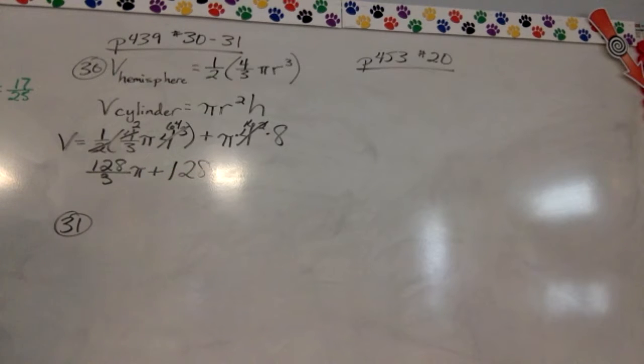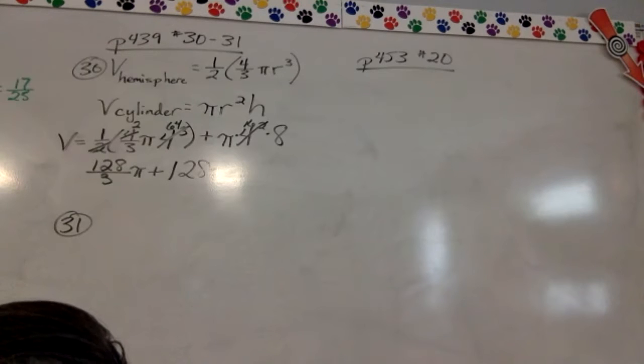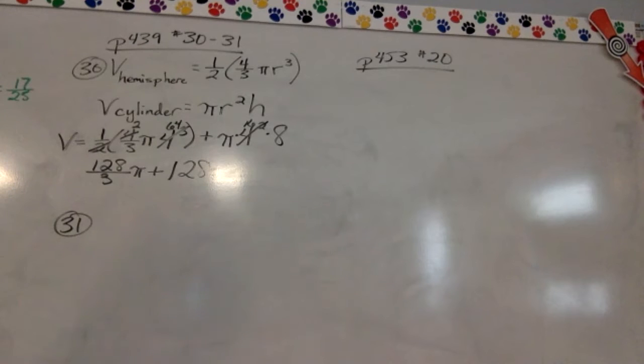Okay, so this is what I have. We need to try to add them together. We can add them because they both have pi on them. So we have 128 plus the fraction 128 over 3.